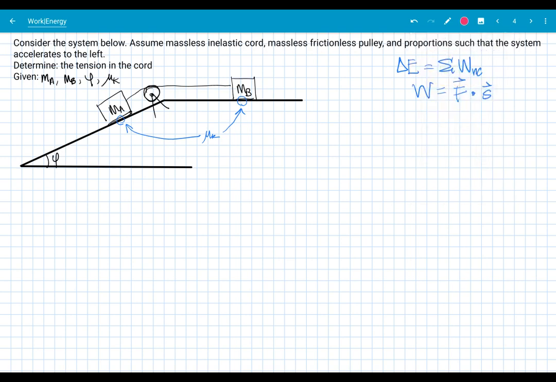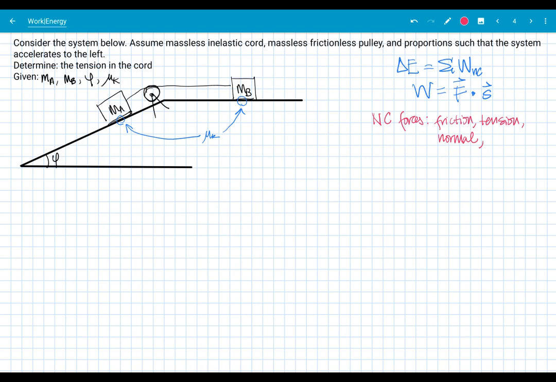Let's do that real quick. Our non-conservative forces that are acting, what are those going to be? Well, friction for sure. Tension, that's also a non-conservative force. Normal force, that's a non-conservative force. And that might be it as far as non-conservative.